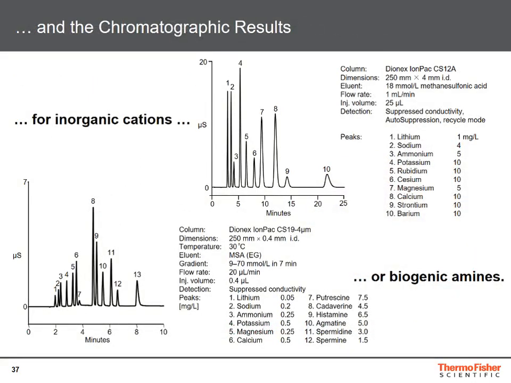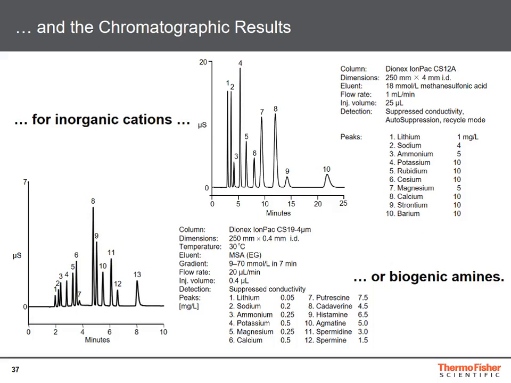As I pointed out earlier, the chromatographic results describe in a much easier way the difference between all these design protocols. In the center of the slide, we see a typical separation of all alkali and alkaline earth metals, which are separated here under isocratic conditions with a methane sulfonic acid eluent in less than 30 minutes.